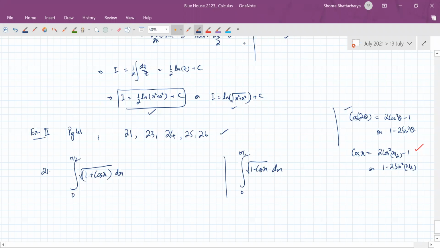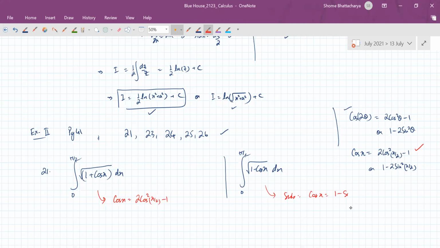This is question 21. This is another example. Now in this, I will substitute cos x as 2 cos square x by 2 minus 1, whereas in this, I would have substituted cos x as 1 minus 2 sine square x by 2.